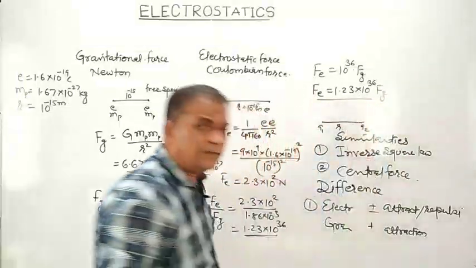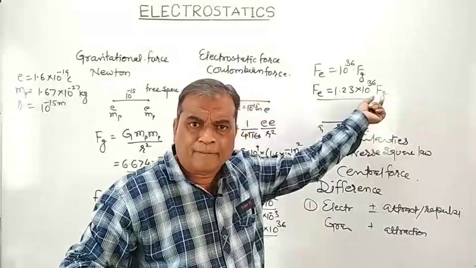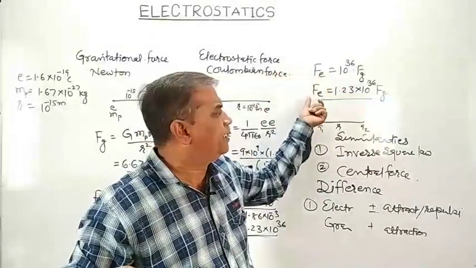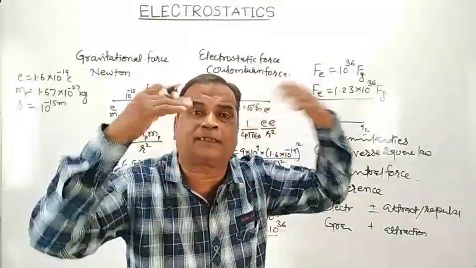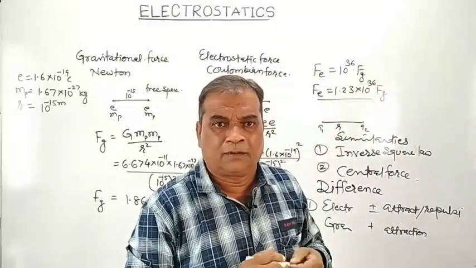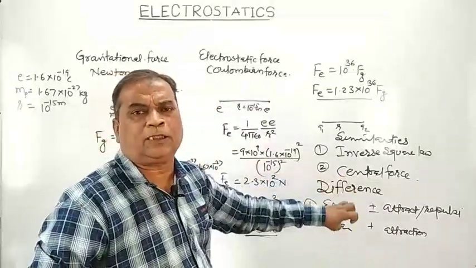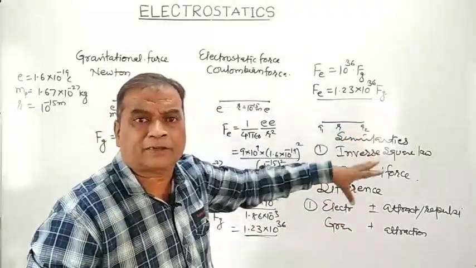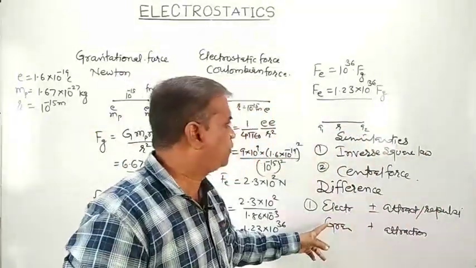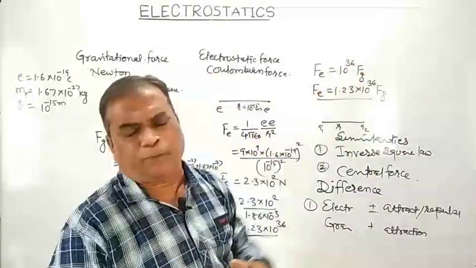So you can imagine that gravitational force is very weak, whereas electrostatic force or Coulombian force is 10 to the power 36 times stronger than the gravitational force. So what you can say? Gravitational force is 10 to the power 36 times weaker than the electrostatic force, or electrostatic force is 10 to the power 36 times stronger than the gravitational force.